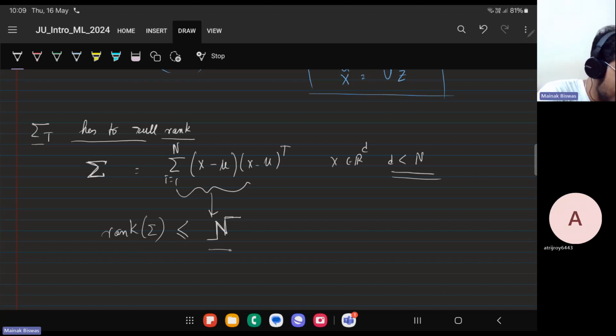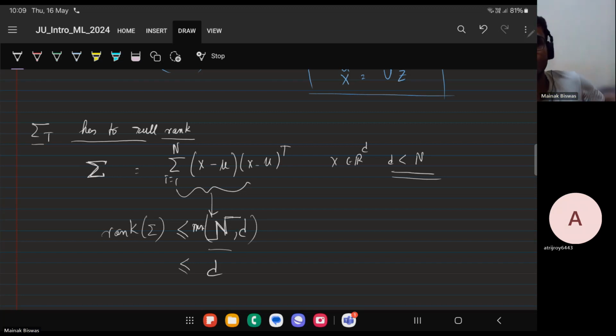But n is greater than d, so you have to take the minimum of n and d, which is d. We want it to be d-dimensional, so the rank of sigma must be d. But how do you show it is equal to d is the question. Here is the answer. Think about it.